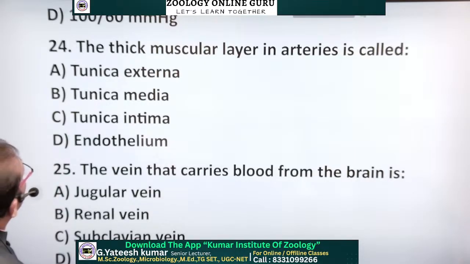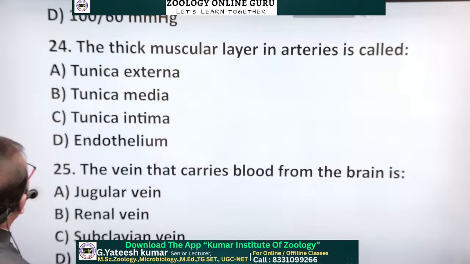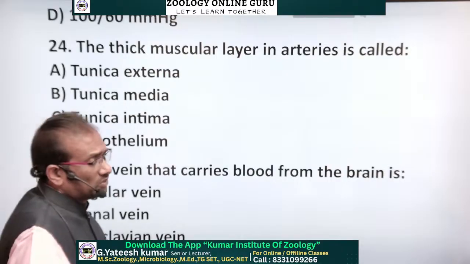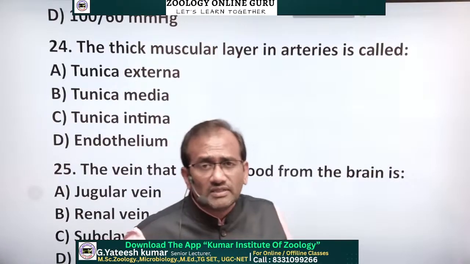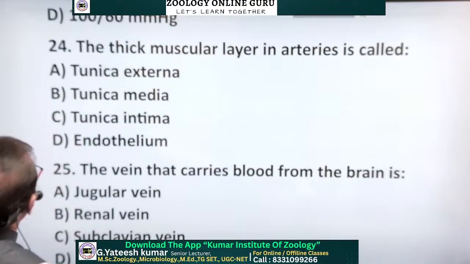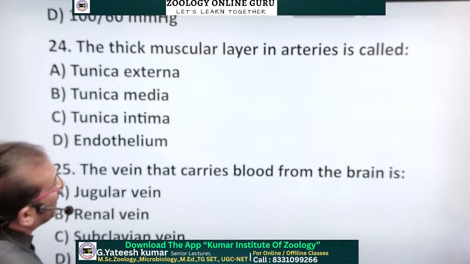So here, the thick muscular layer in arteries is called. Question 24, answer it. In the arteries, there are tunica externa, tunica media, tunica intima, and endothelium. Endothelium is the innermost layer. Okay, no problem. Then what is the thick muscular layer?